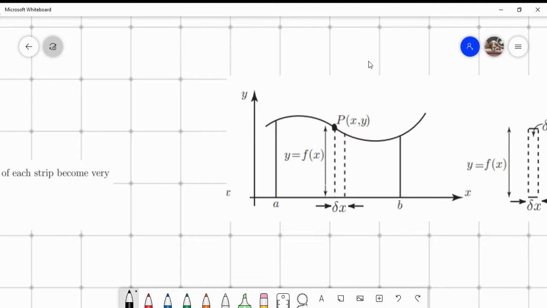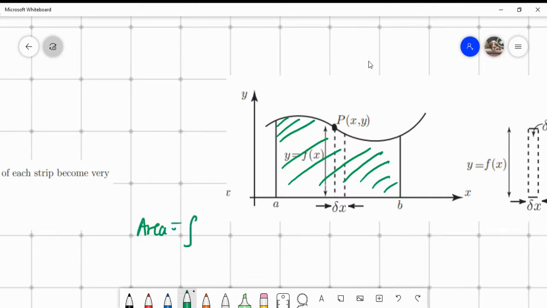We are going to find the area of the space under the curve between the two limits a and b. We know we are going to use integration to find it, so this area can be thought of as the integral between a and b of f of x dx.